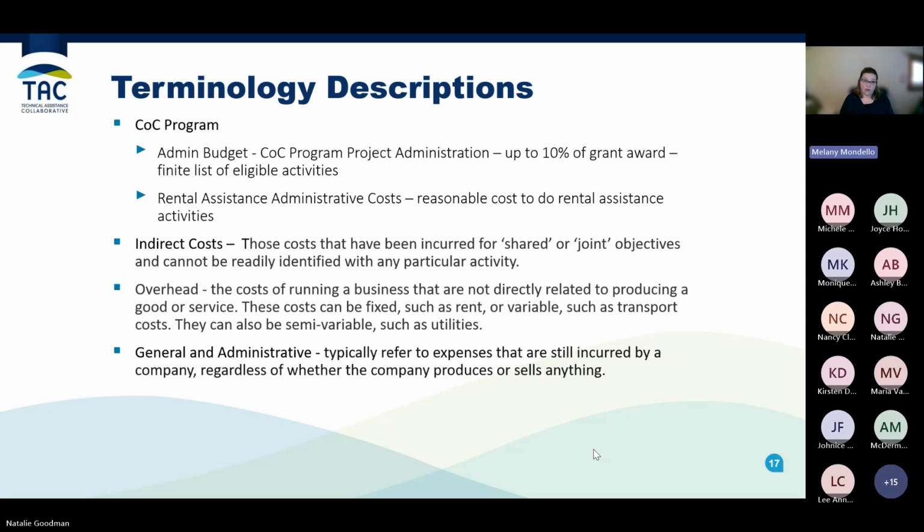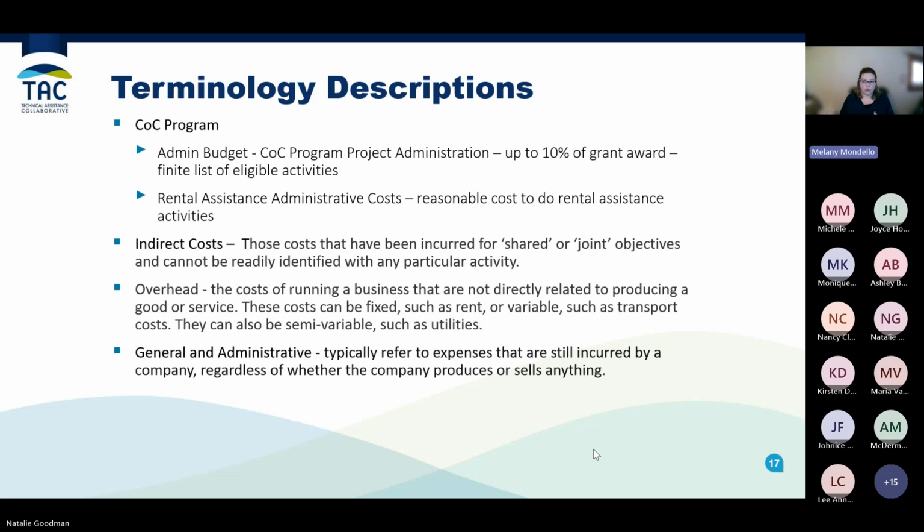So for the CoC program specifically, we have two different terms that talk about administration. I hear people say the CoC program admin budget. I encourage people not to say that. I encourage people to instead say project administration budget, because the budget for the CoC program that has the word administration in it is project administration, not agency level, it's project level administration costs.